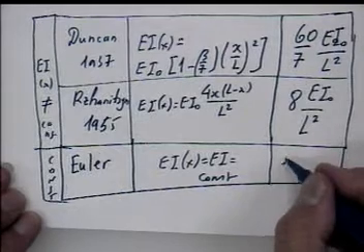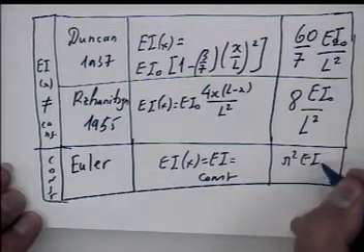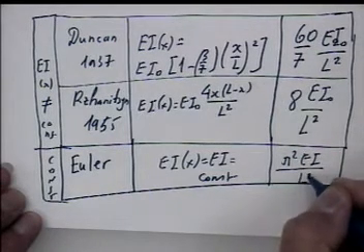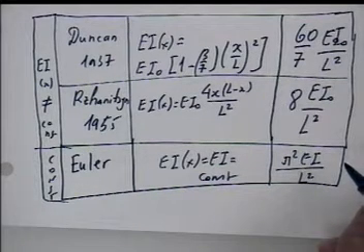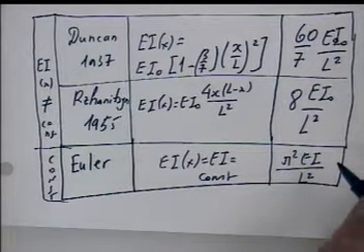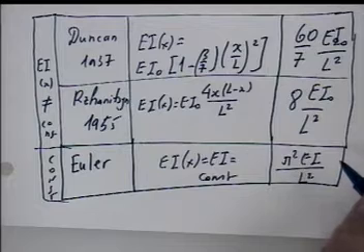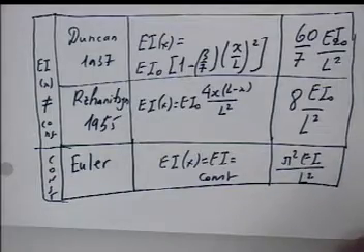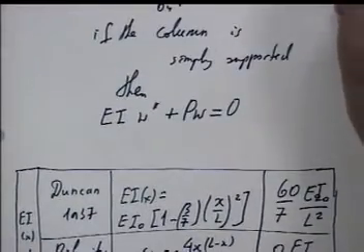And he obtained pi squared EI over L squared. This is one.